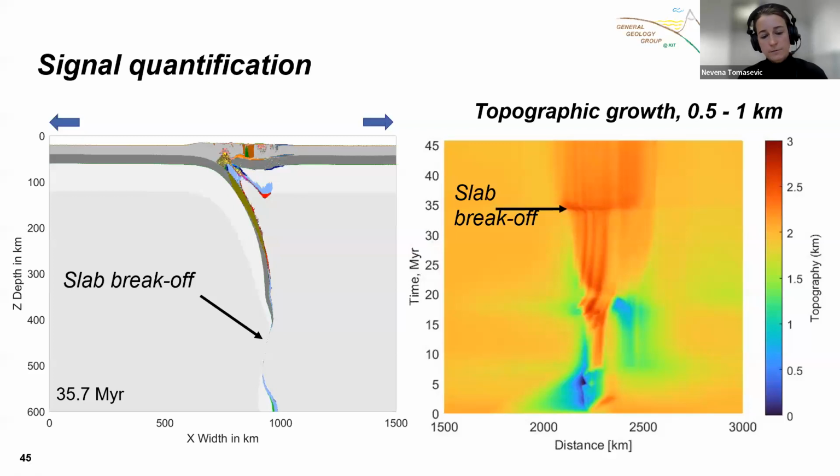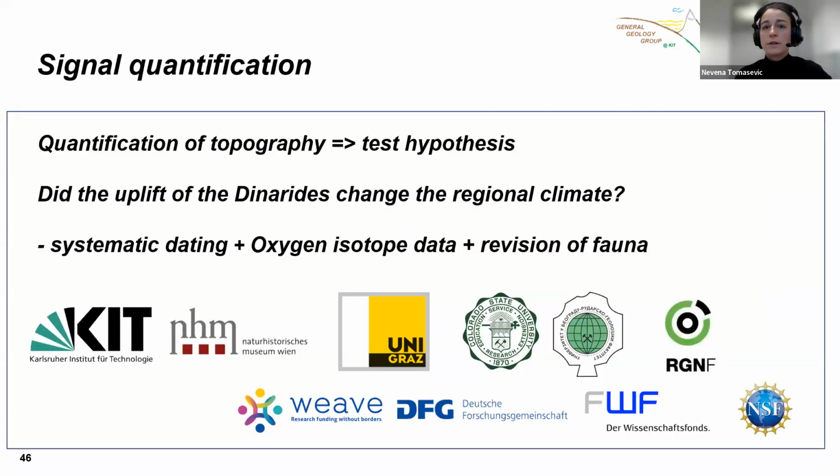The sequence of events that I just explained more or less fits with the anomaly that we observe based on the field data. However, we still don't have much information about topographic growth and elevation of the Dinarides during Oligocene-Miocene time. And this is something that we are going to do in the future.